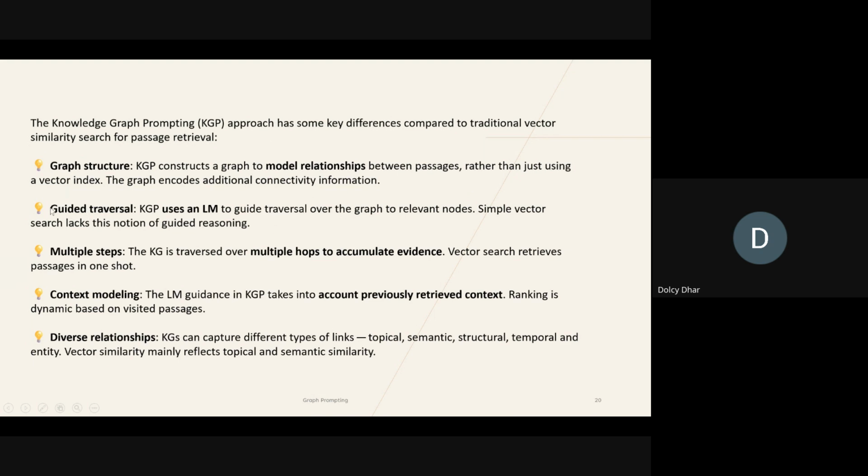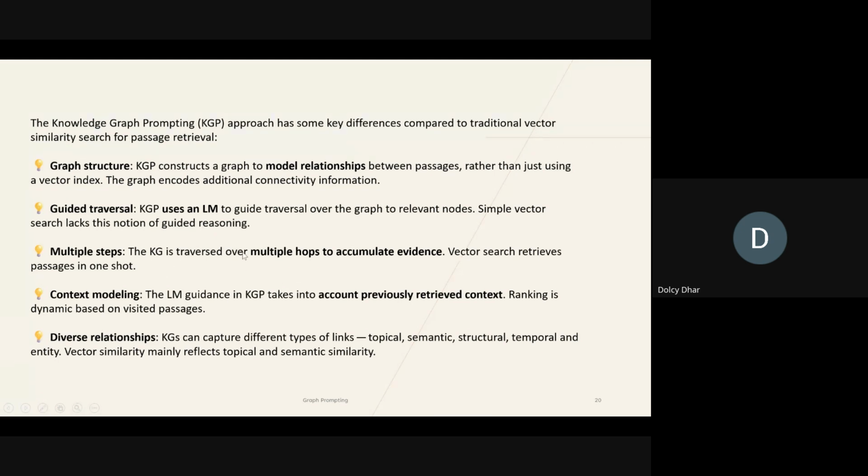Then again, there is guided traversal. Like I mentioned, it can use the language model and reasoning to guide the traversal. We can specify the reasoning logic, and the LLM can decide which roads to traverse or not, whether the roads traversed are correct, or whether the information needed for the question is there in the graph or not, and so on. Then there are multiple steps.